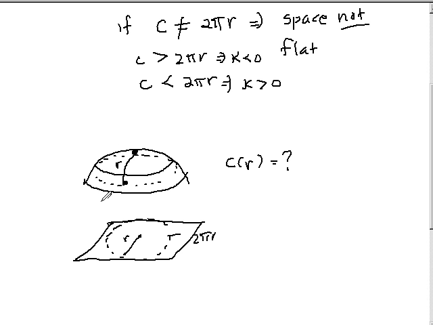But if your surface is positively curved, what happens is this is bent along the surface in such a way that this circle, if you project it down, would actually lie inside the circle here.